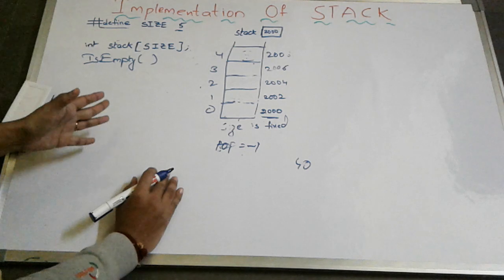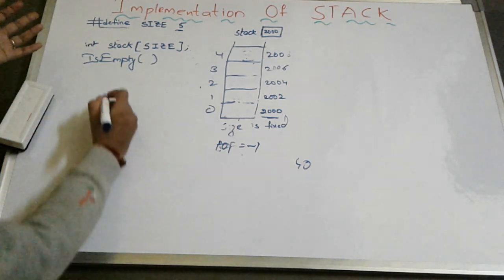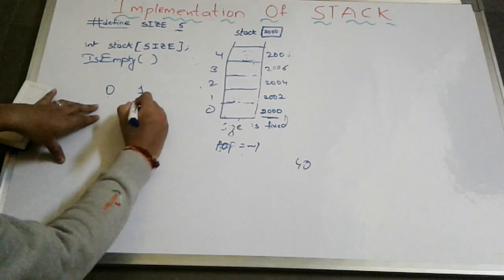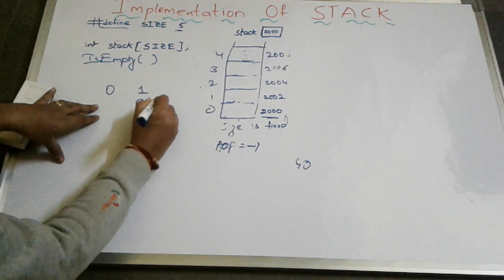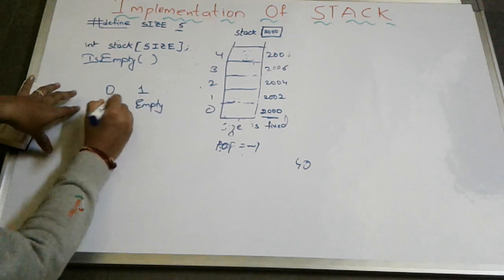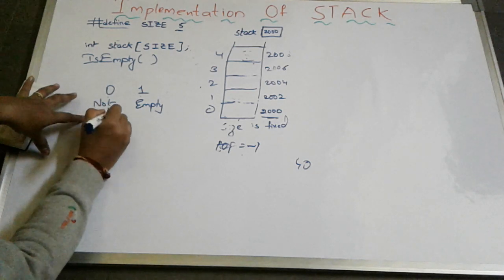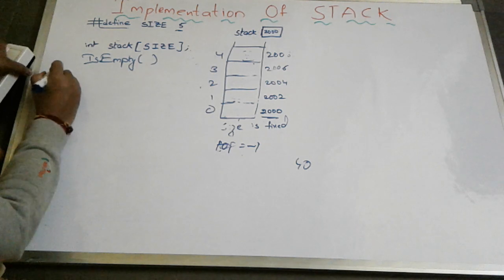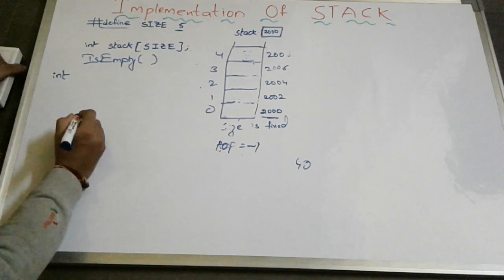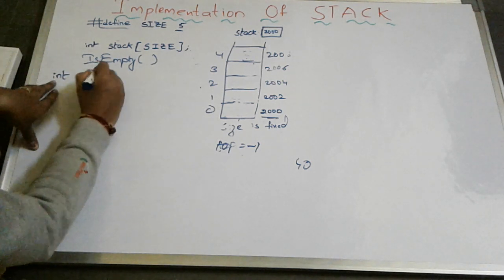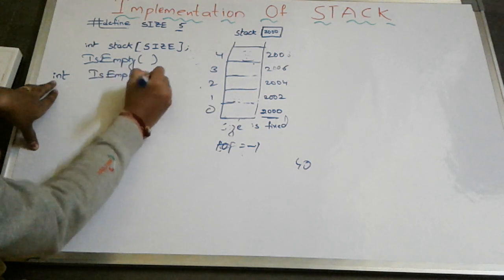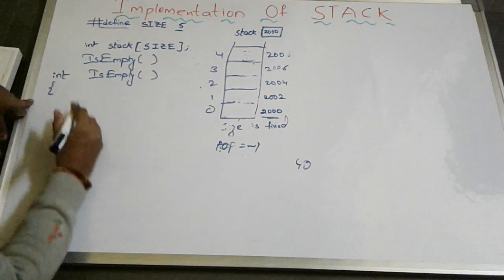So we have two possible values, 0 or 1. 1 says that it is empty and 0 says that it is not empty. It returns an integer value, and it doesn't take any parameters.